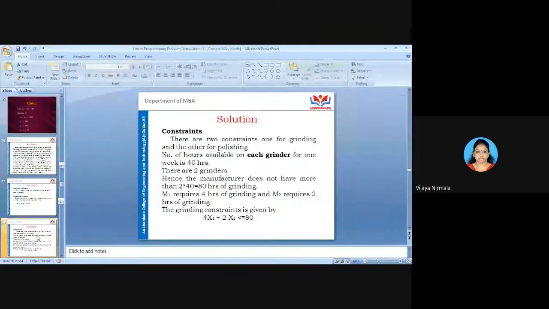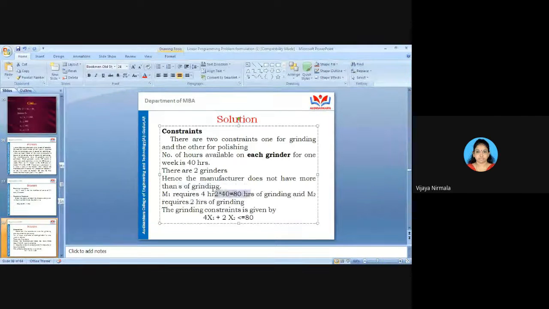That was there in the problem. Then we will write the constraint for grinding now. So 4x1 plus 2x2 is less than or equal to how much? We have already seen, 80.